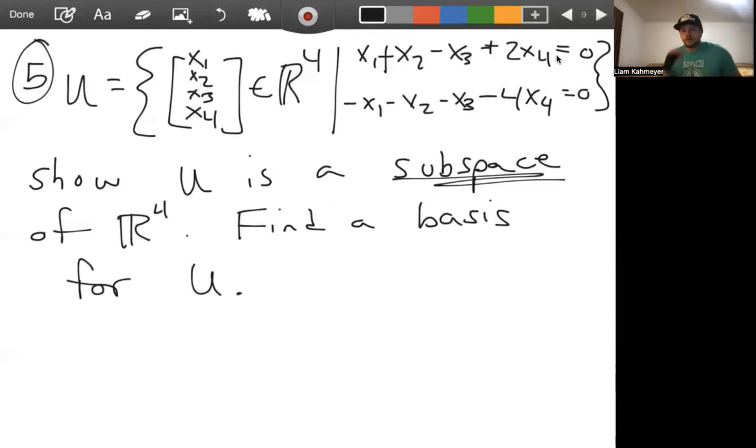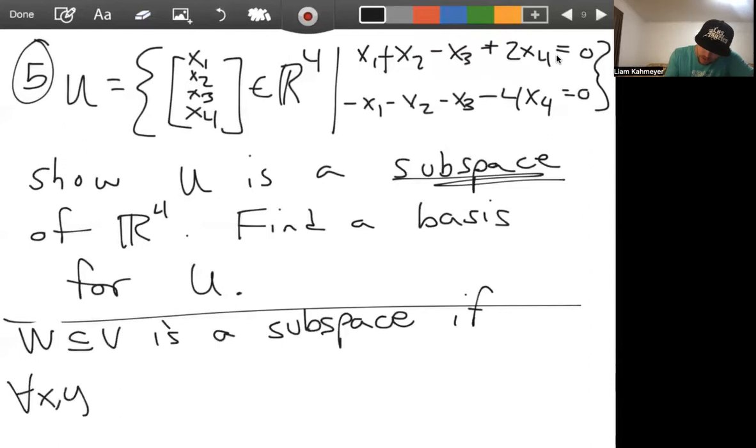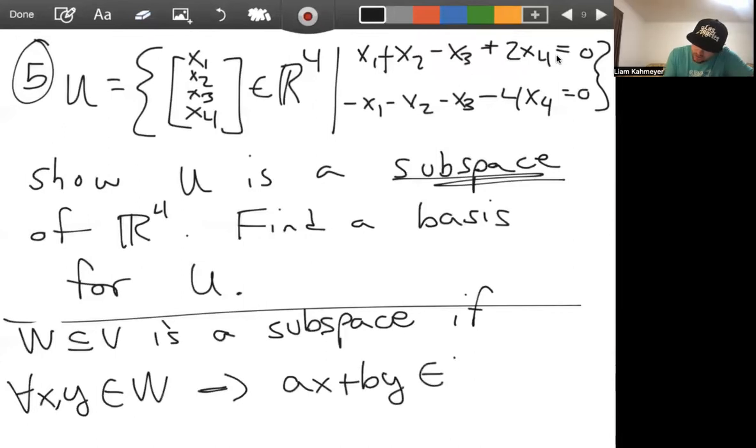Okay, so what do we have to do here? We have to show that U is a subspace, and to show that something is a subspace, let's recall: W in V is a subspace if for all x and y an element of W, that implies ax plus by is also an element of W for all scalars a, b. And this should also include the 0 vector.